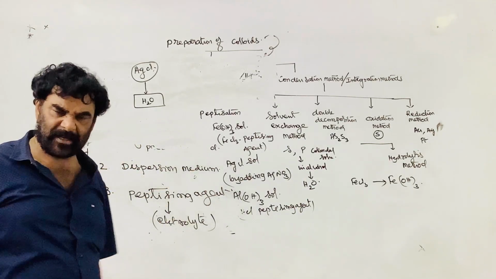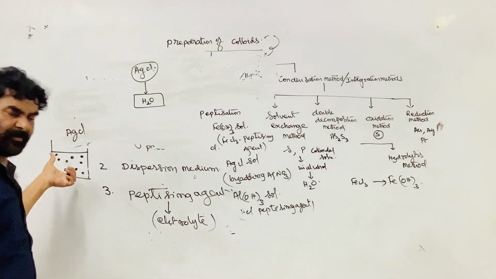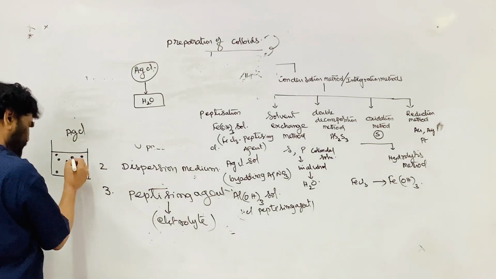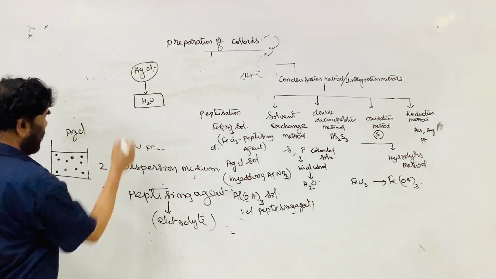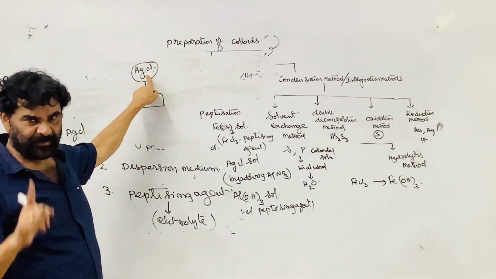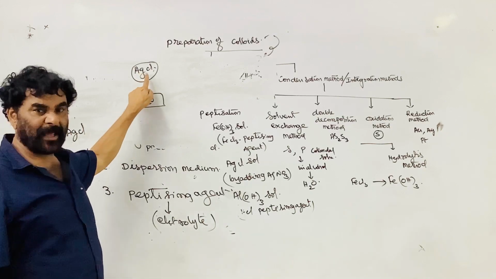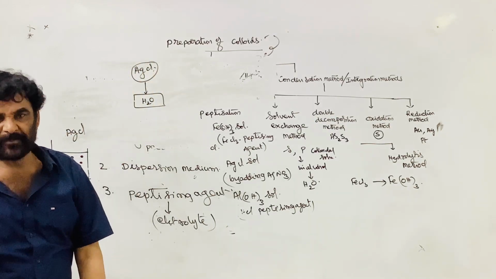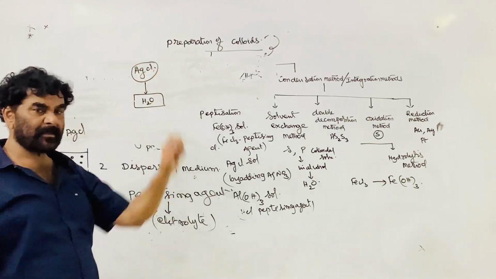Small particles of AgCl are dispersed in the water, which is the dispersion medium. Now you have to add the electrolyte. In choosing the electrolyte, you must be specific: a common electrolyte containing the common ion of the precipitate, either Ag plus ion or Cl minus ion.